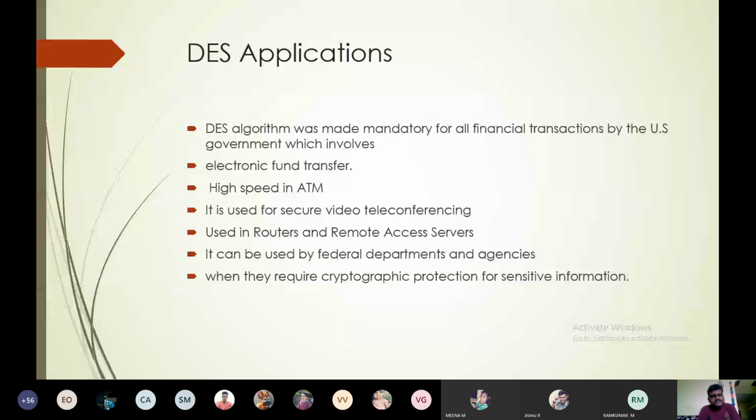For these applications, this algorithm is used. High speed in ATMs. It is used for secure video teleconferencing, for security purposes.